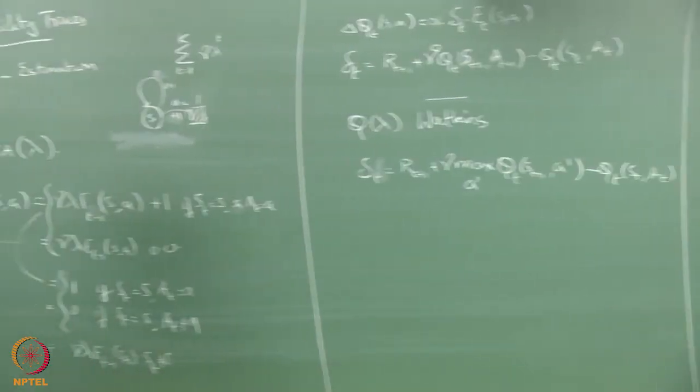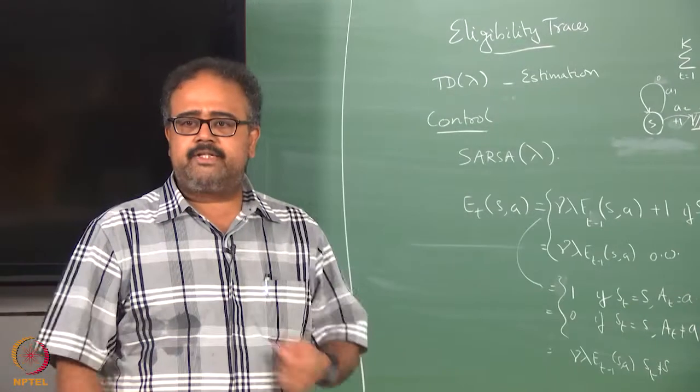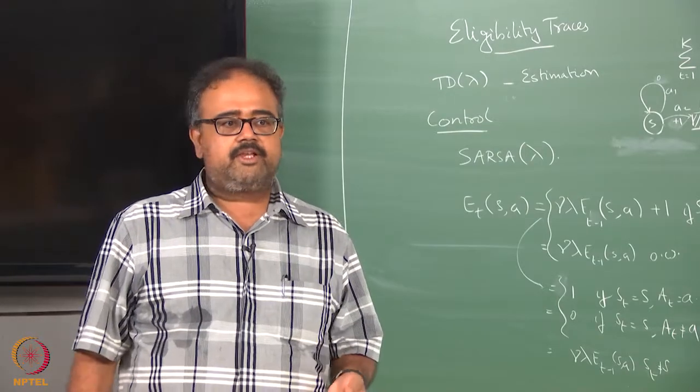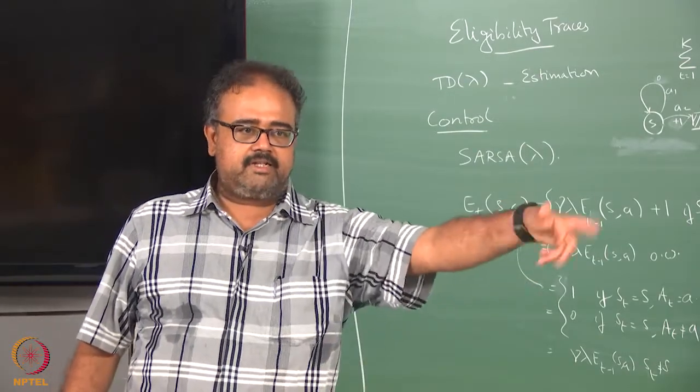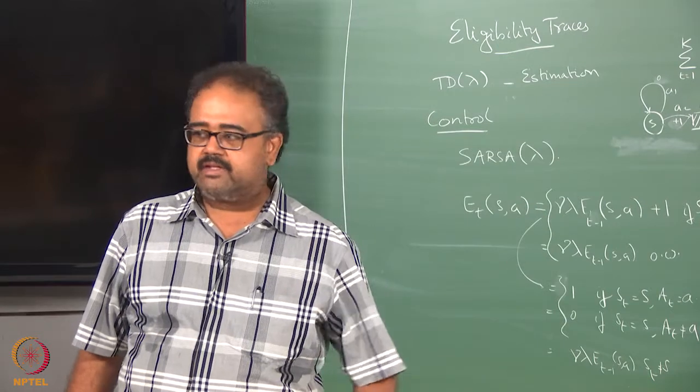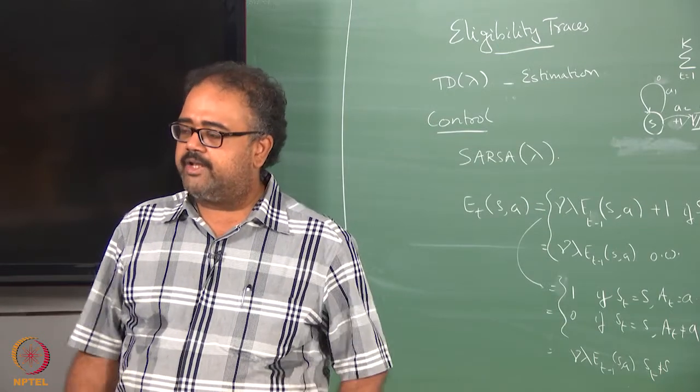For this delta is fine, but when I am computing the return, I have to make sure that I am actually taking the optimal action and sampling the rewards. So, how do I ensure that?